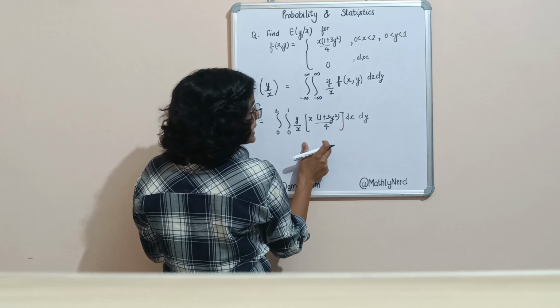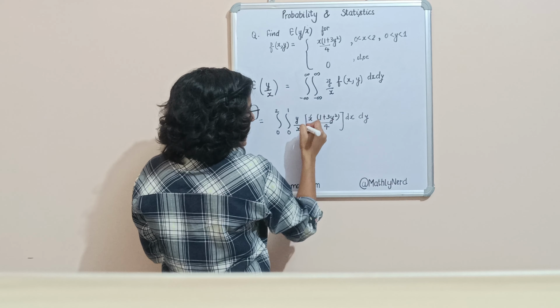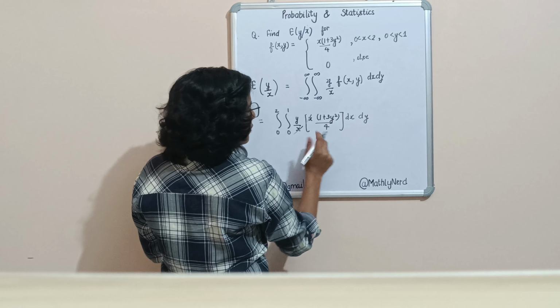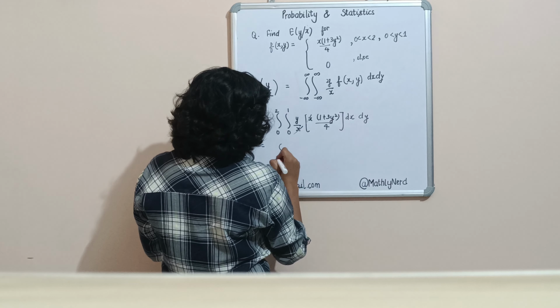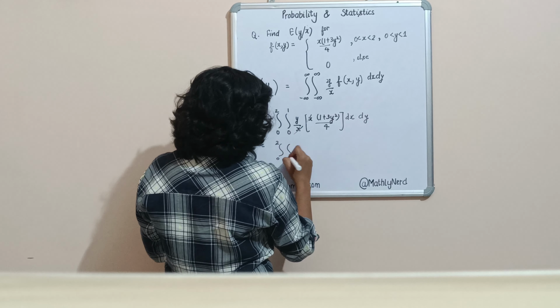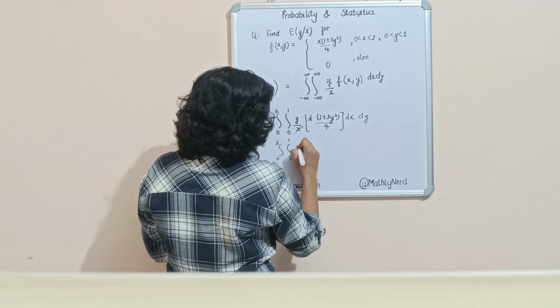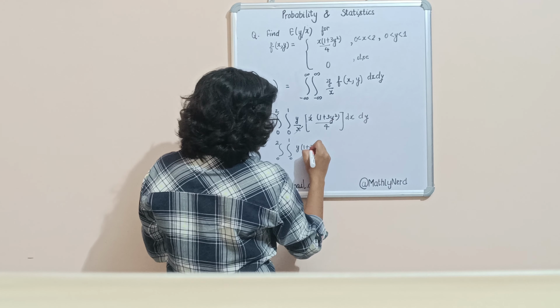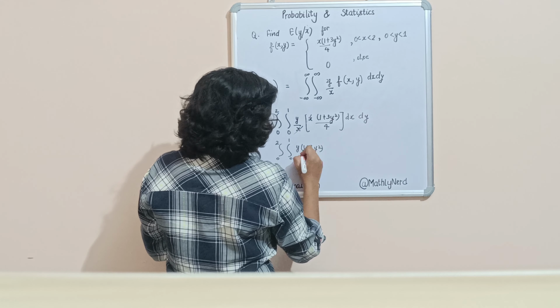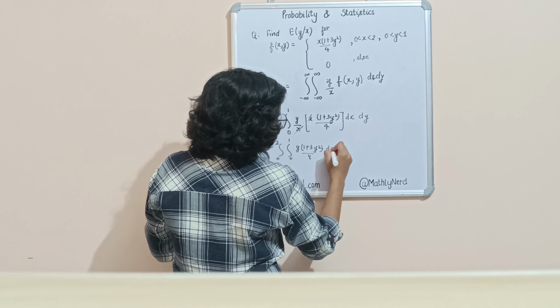If we multiply these two terms, x will cancel out and we will get the integral from 0 to 2, 0 to 1, of y times (1 + 3y²)/4 dx dy.